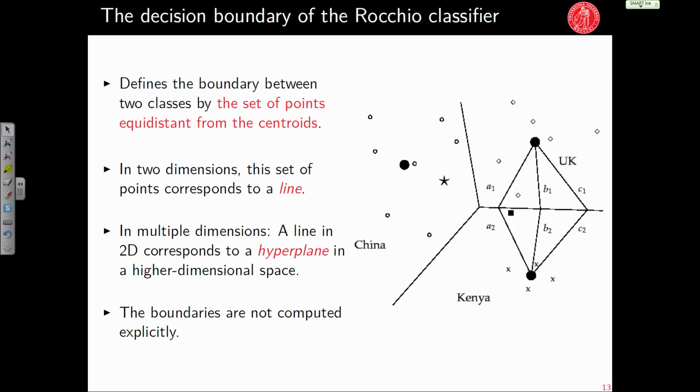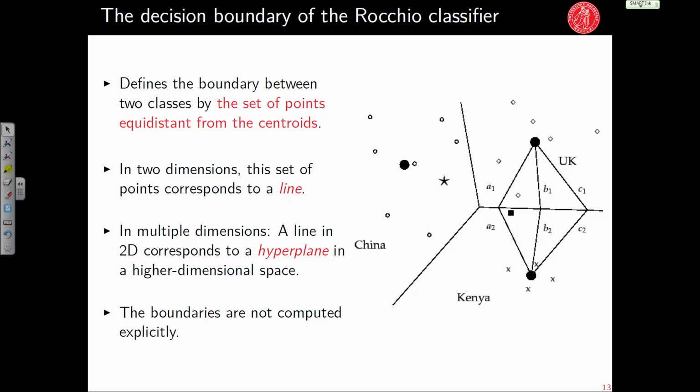So you can see this A1 that goes from the centroid of UK to the decision boundary, and the line that goes from the centroid of Kenya to the decision boundary, A2, they have the same length. This is how Rocchio will define a decision boundary.